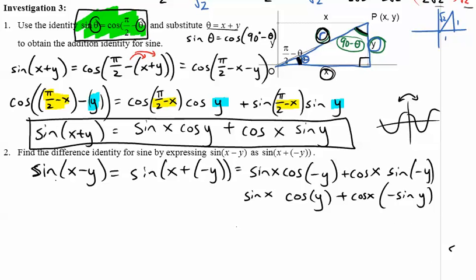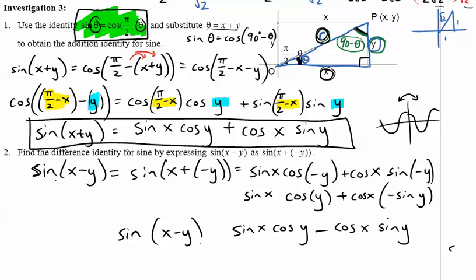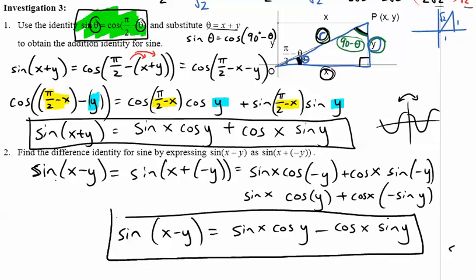And so we get sine x cos y minus cos x sine y. Same thing happened as with the cosine identities. So the summary is that sine x minus y is sine cos minus cosine sine. It's the same as the addition formula, but we just changed the sign in the middle.